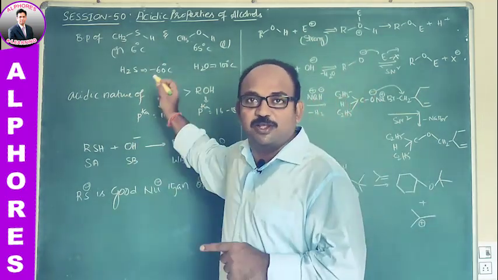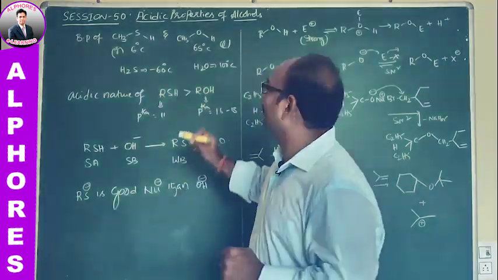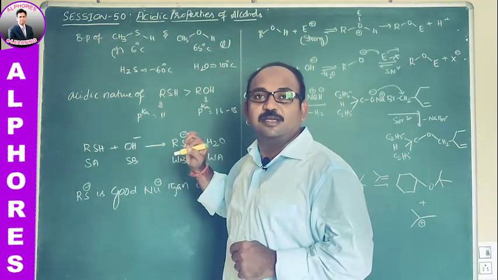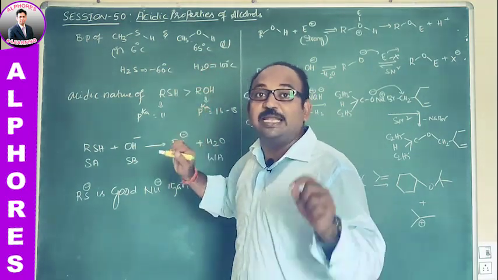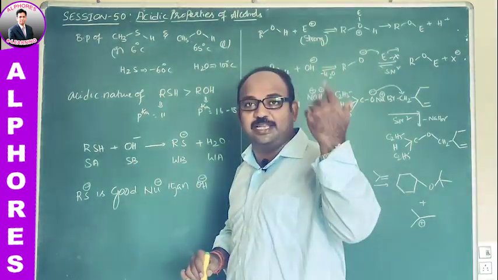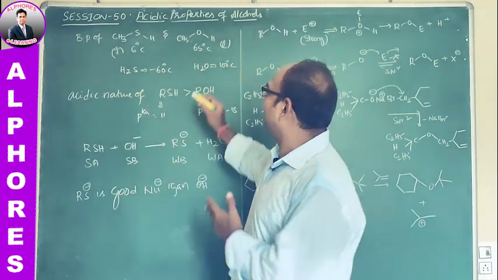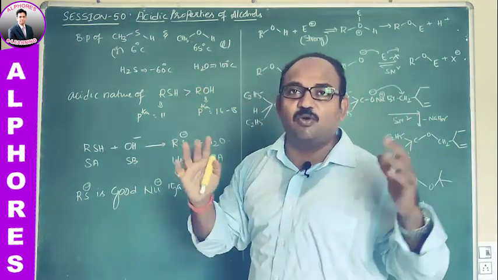Even though the molecular weight of H2S is more than H2O, the boiling point is less. The reason is the presence of intermolecular hydrogen bonding in water, which increases its boiling point. That means in water, OH bond polarity is more.